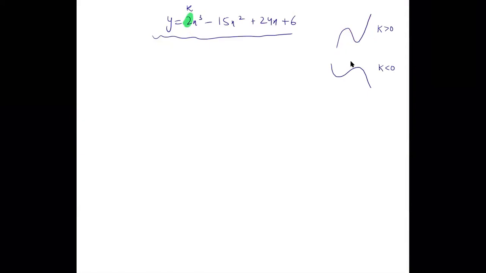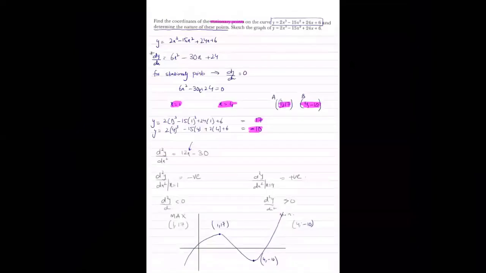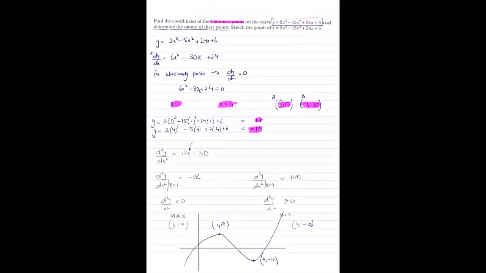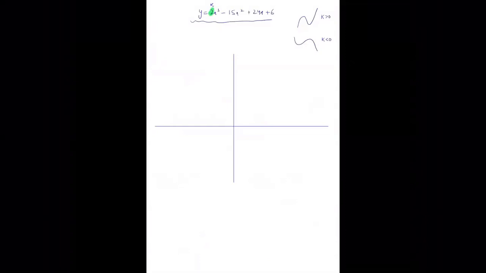Okay. Now, we know the two stationary points as well. What was the stationary point? (1, 17).